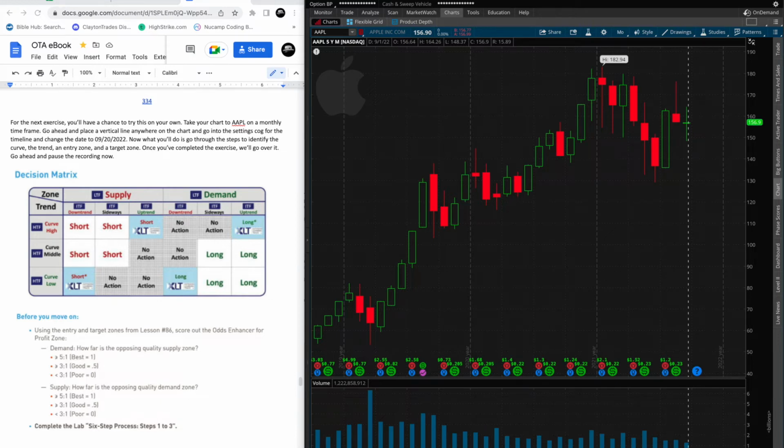Now what you'll do is go through the steps to identify the curve, the trend, an entry zone, and a target zone. Go ahead and pause the recording, complete the exercise. Then once you are done, unpause the video and we'll take a look at it. Go ahead and pause the video now.